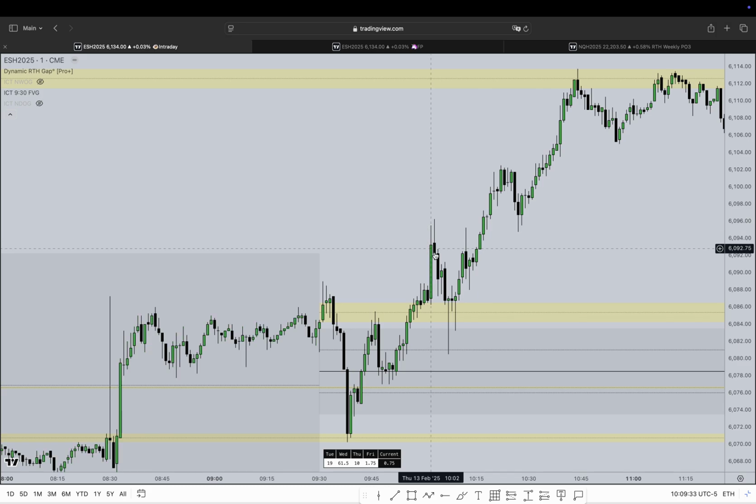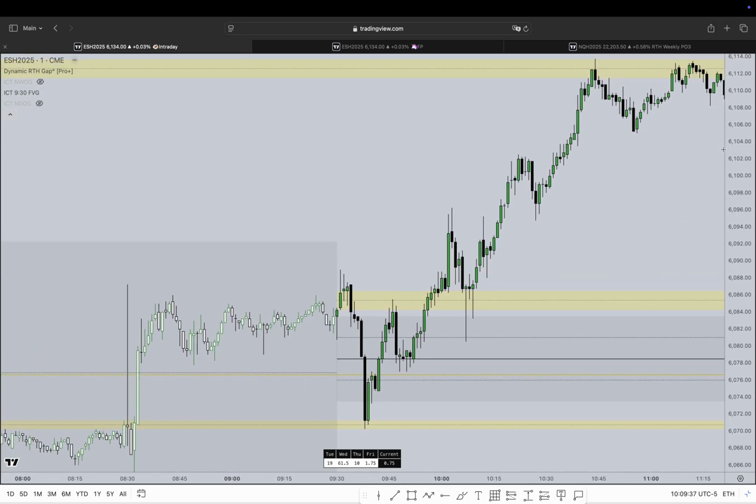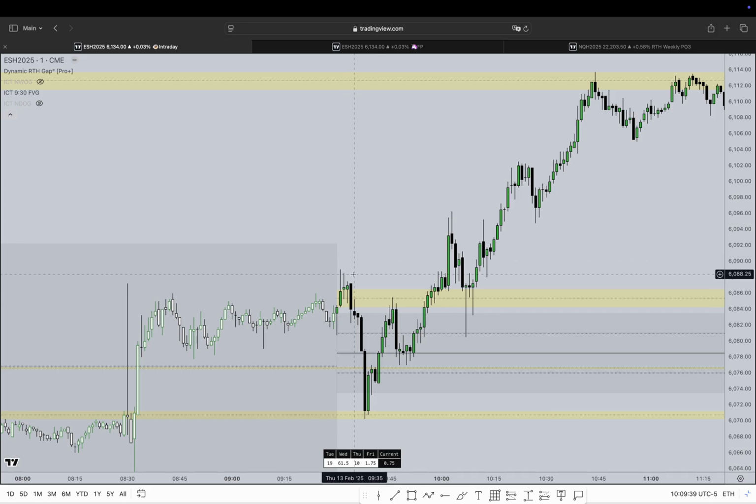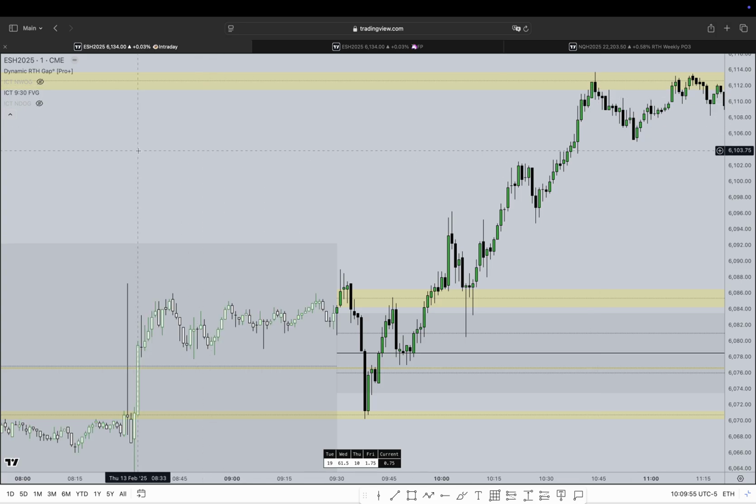So this is a deceiver model based on the profiles that I have. One of the assets fails to rebalance the gap while the other completely rebalances, and we look for a mean reversion and then trade higher because we were looking for higher prices based on the daily levels on the new month opening gaps.